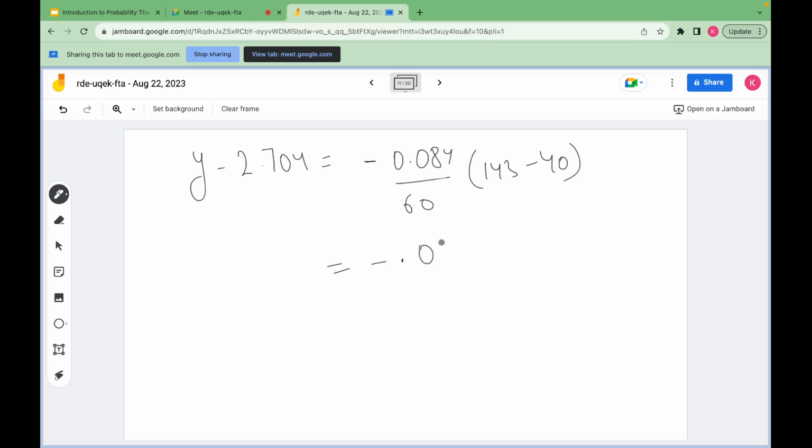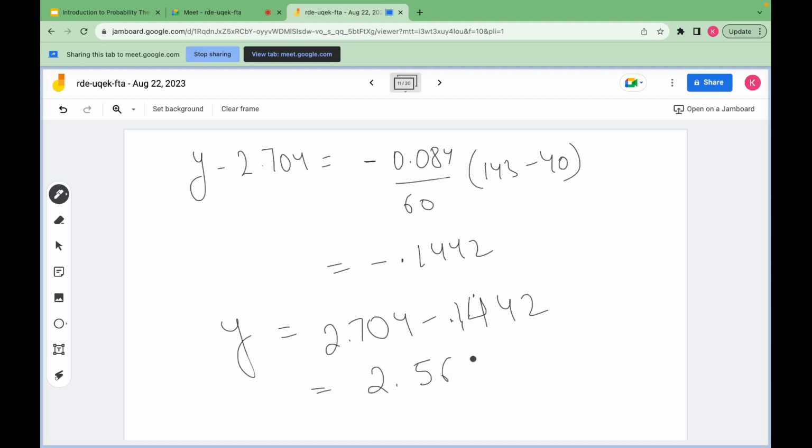So this will become minus 0.1442. So y will become 2.704 minus 0.1442, which is nothing but 2.56.